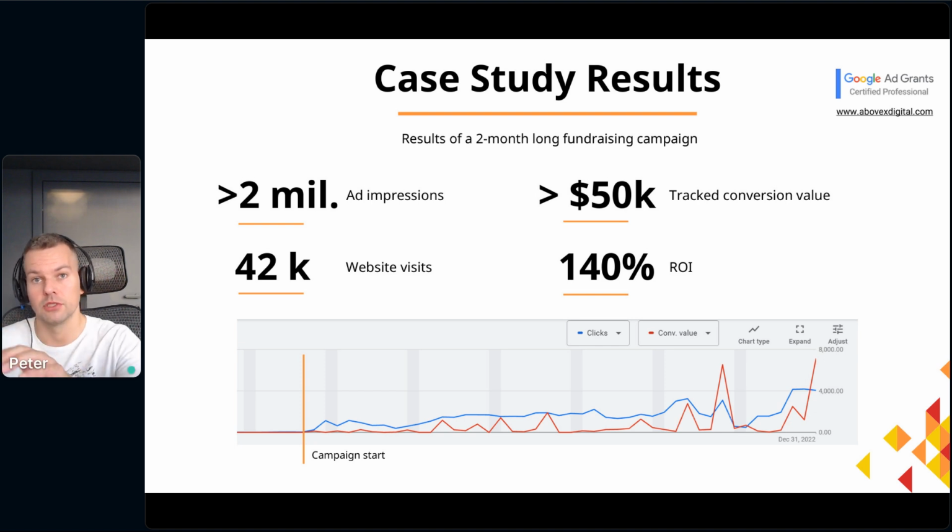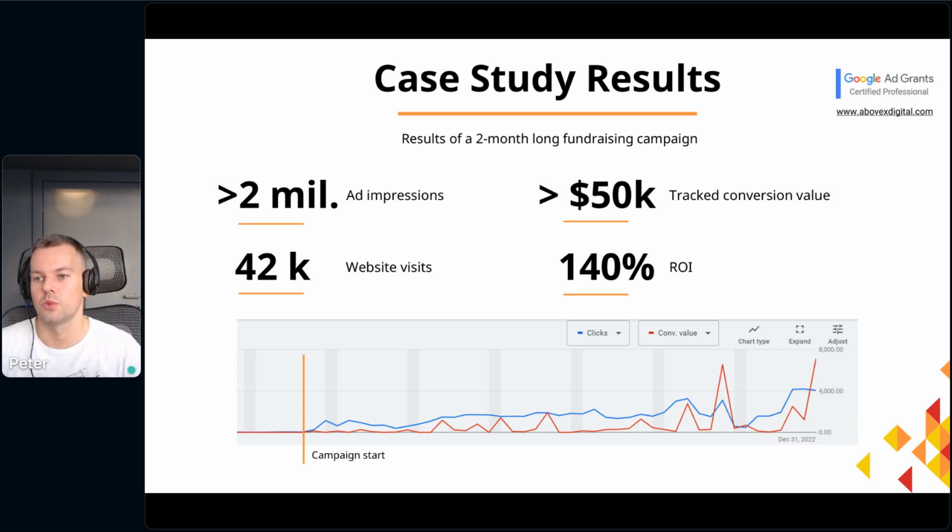I'm just talking about Google Ad Grants and commercial Google Ads. Right? They also had social media campaigns and other things like that, which we did not manage. So it's just Google properties. They had more than 42,000 visits from those. And the value that we could track and attribute back to these campaigns via those URL parameters exceeded $50,000, right?